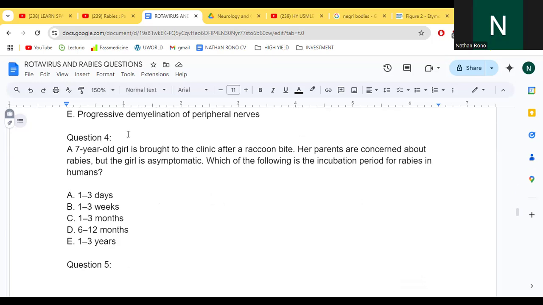A 7-year-old girl was brought to the clinic after a raccoon bite. Her parents are concerned about rabies, but the girl is asymptomatic. So the following is the incubation period for rabies in humans. What's the incubation period of rabies?